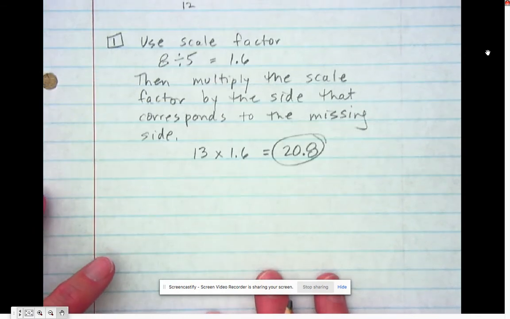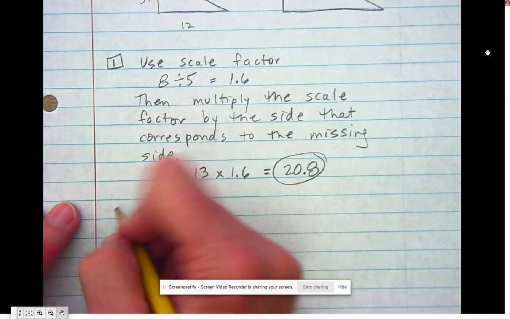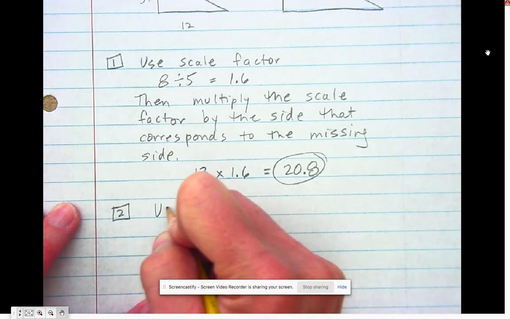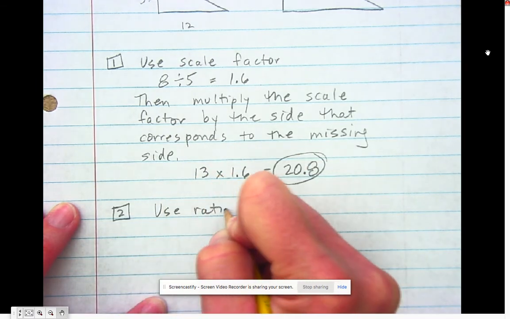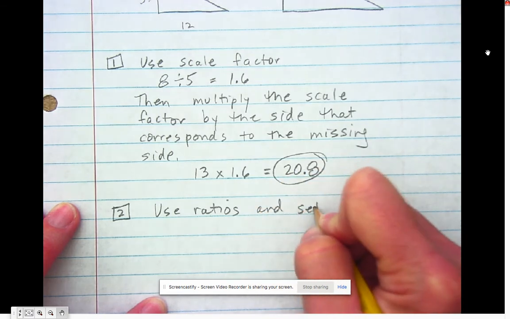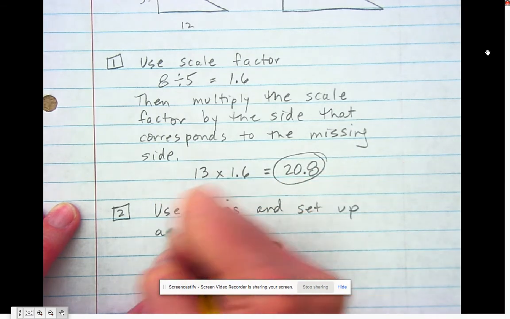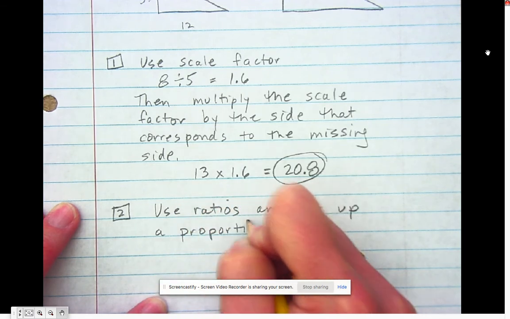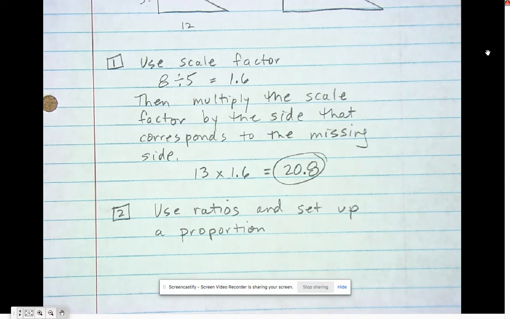Okay, the other way we could do this is to use ratios and set up a proportion. We can use either internal ratios or corresponding ratios. Let's first do the corresponding ratios.